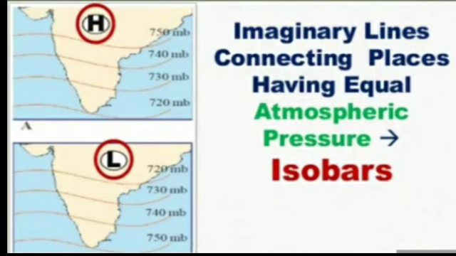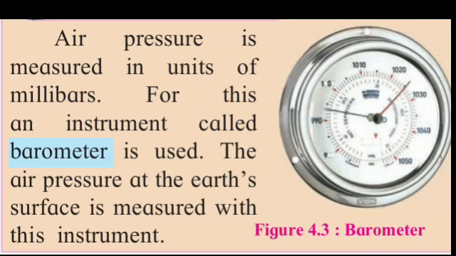Okay, now let's see the next. Look at this picture. Now you will be thinking, what is this picture all about, teacher? Student, it is a barometer. And what is a barometer? It is an instrument which is used to measure air pressure.